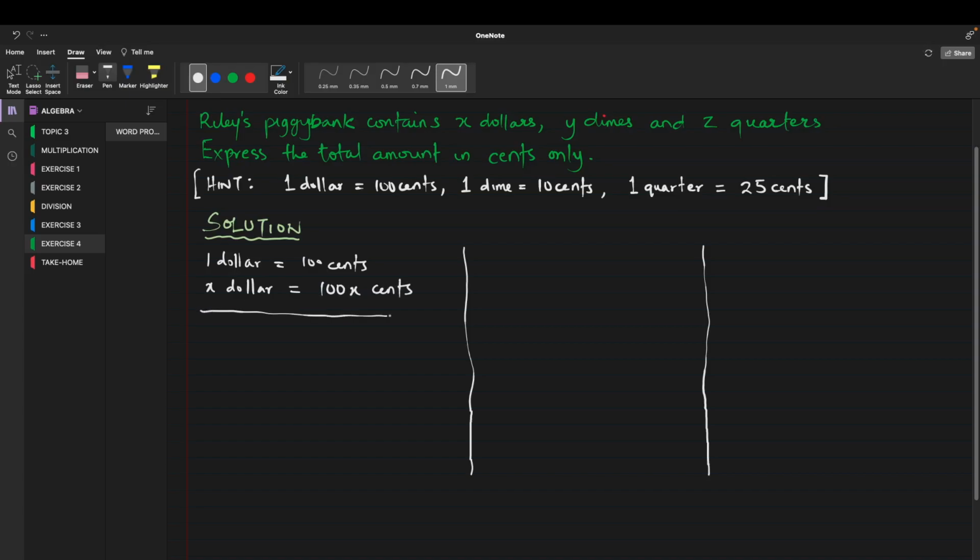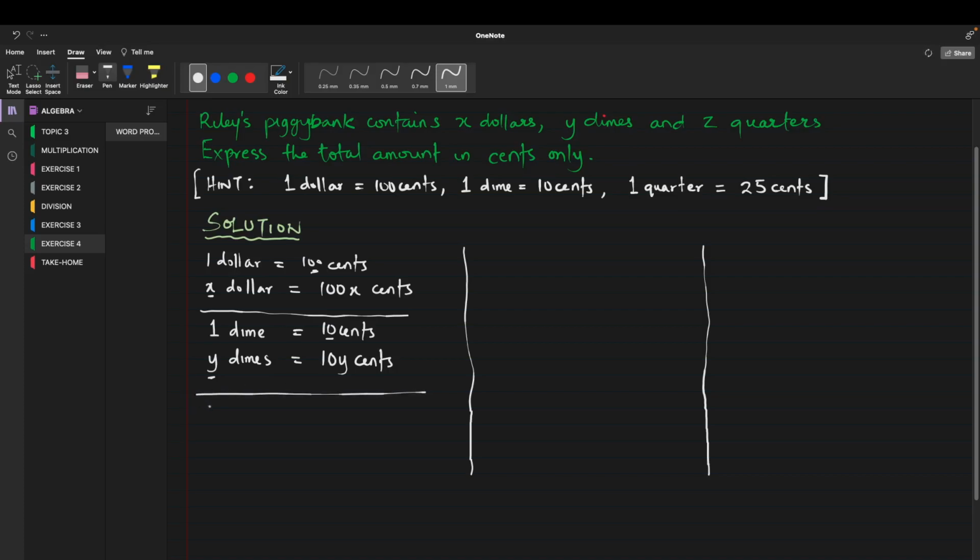Similarly, the question hint says 1 dime is equal to 10 cents. So y dimes will be equal to 10y cents. All you need to do is to just multiply 10 by y, the same way we multiplied 100 by x here.